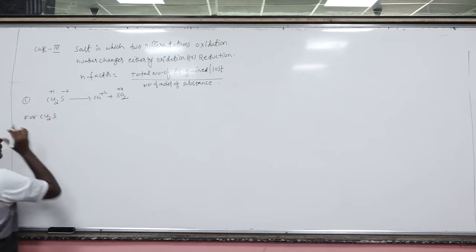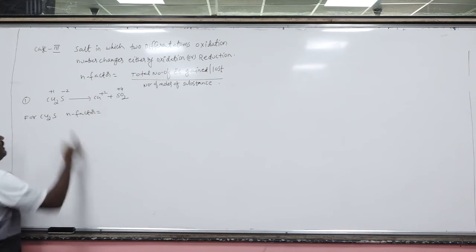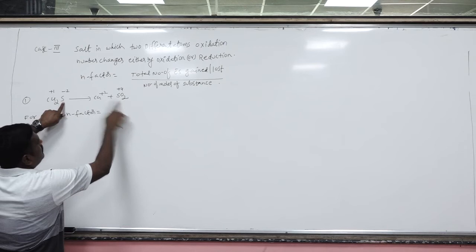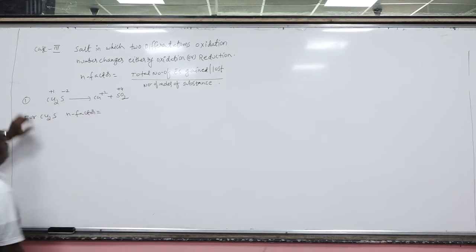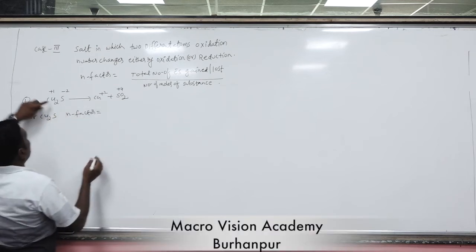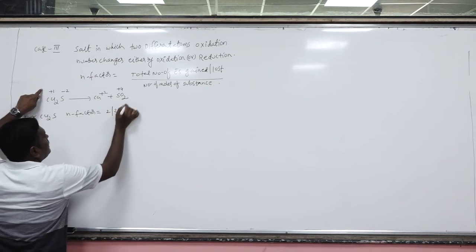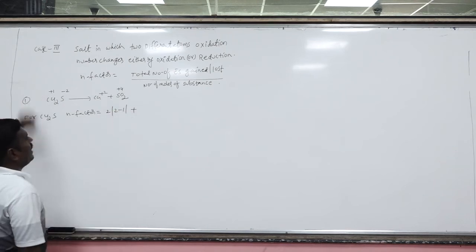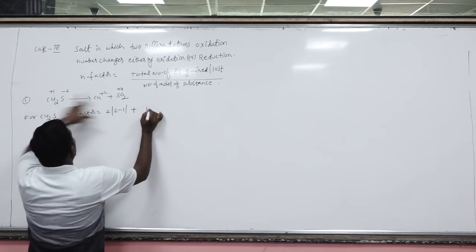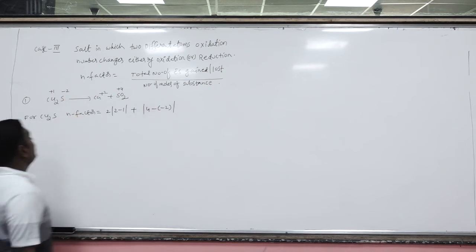For cuprous sulfide, N factor is equal to, remember, copper undergoes oxidation, sulfur is also undergoing oxidation. So I am calculating the total number of electrons lost by 1 mole of the species. How many copper atoms are there? 2, into change in oxidation number 1. 2 into 1 plus. Are you getting my point? Now sulfur, change in oxidation state is 4 minus of -2, into how many sulfur atoms?